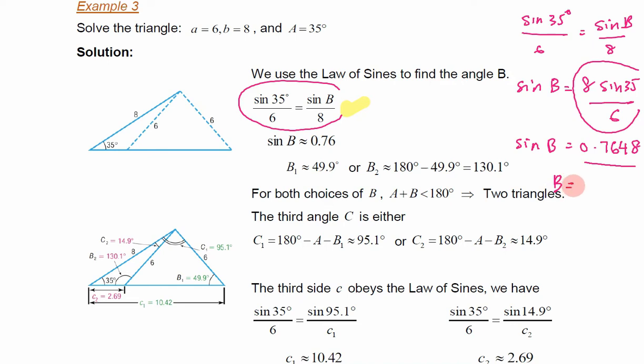Okay, so to get the answer, take the inverse sine to find B. So 0.7648.